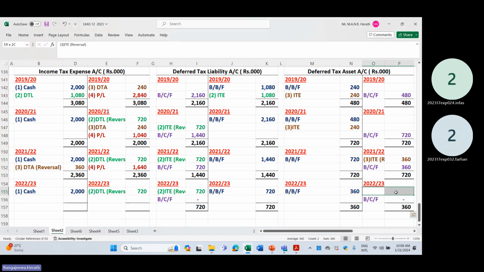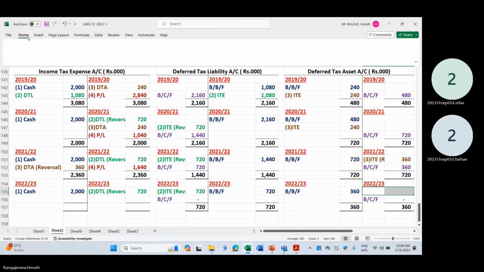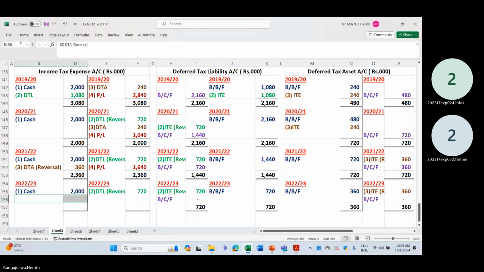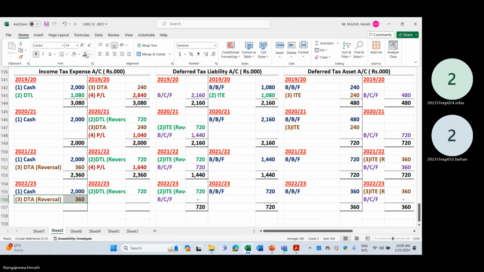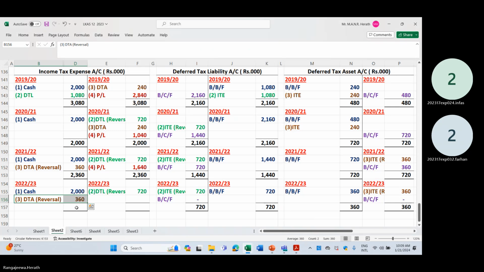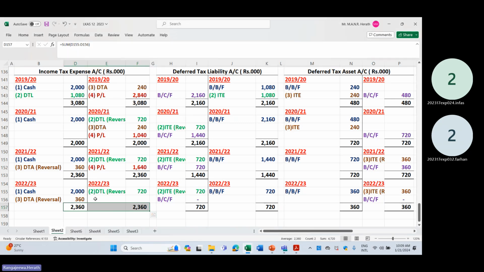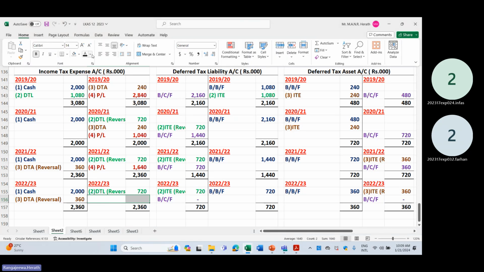So this is a reversal of 360. So finally, the tax expense account charge to P&L is the same as in 2021-22, 1640.